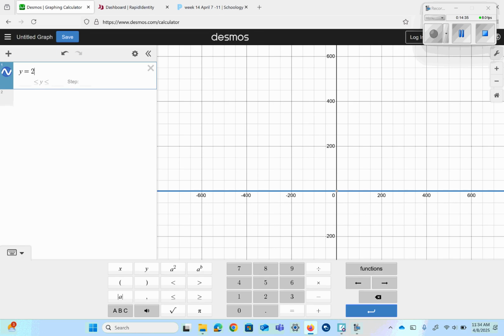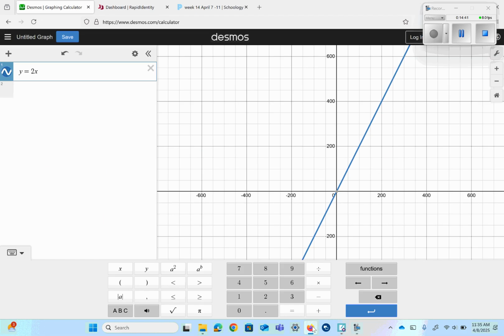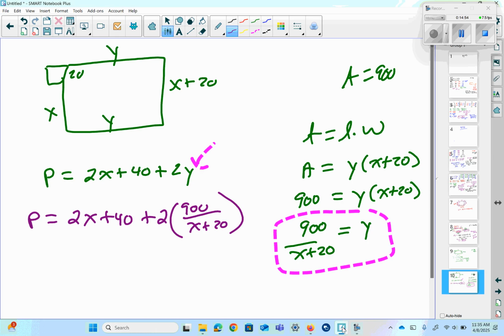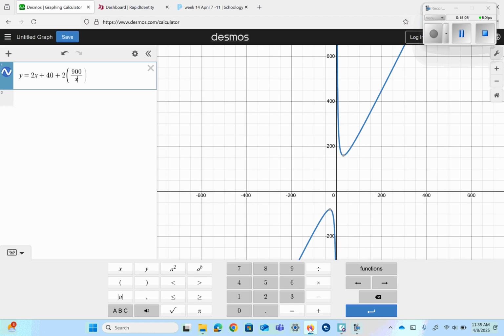So I got 2x plus 40 plus 2 plus 40 plus 2 parentheses, oops, and 900 over x plus 20. It's going to be another one.